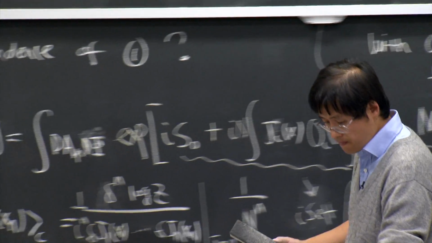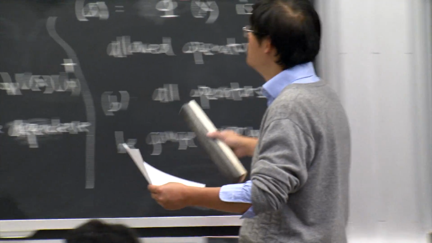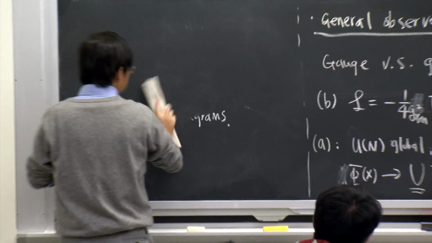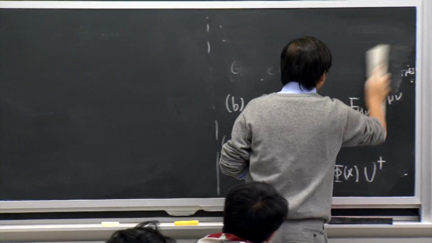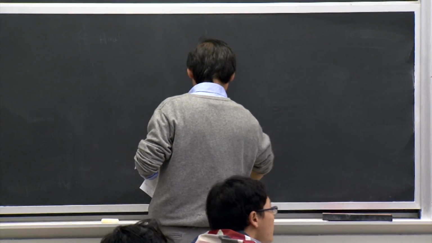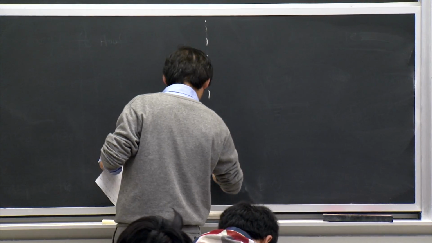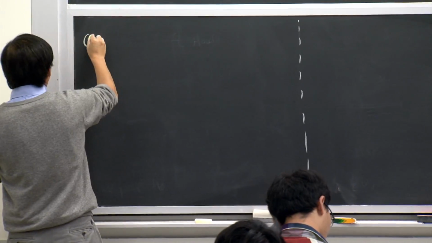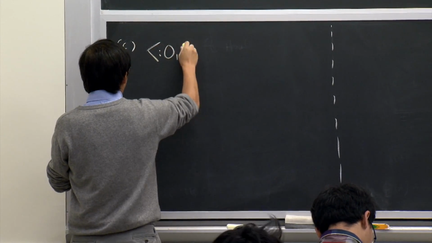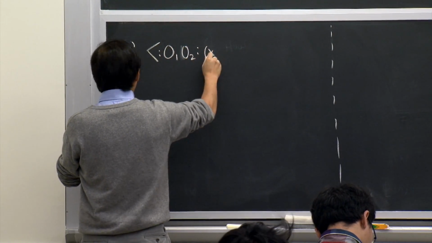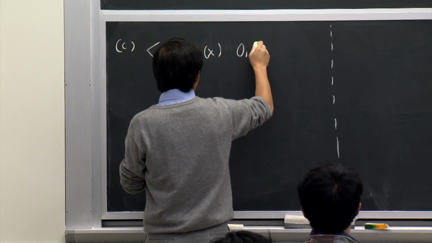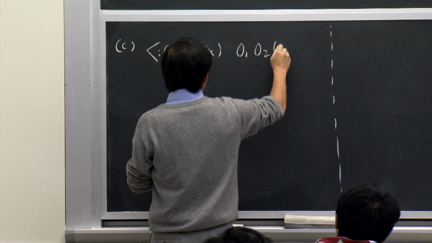The third thing is that now let's look at the 2-point function of two double trace operators, say O1 O2 at x, and O1 O2 at y.